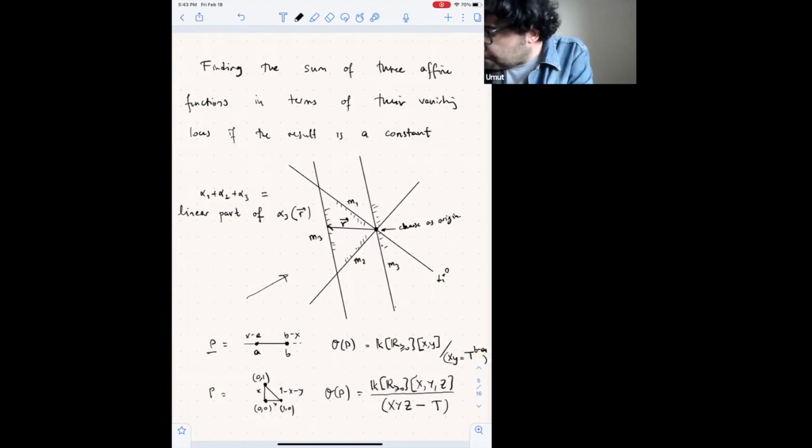Okay, so then you can compute this algebra of functions as follows. You consider the integral affine function x minus a. This is a function that goes like this, that's non-negative along my polytope, and it's an affine function. And you can also consider the function b minus x, which has a graph that looks like this.